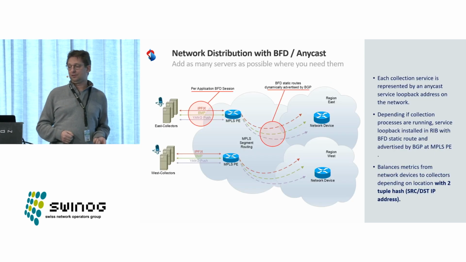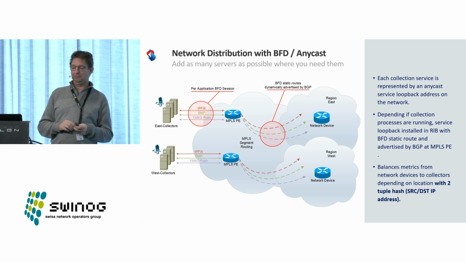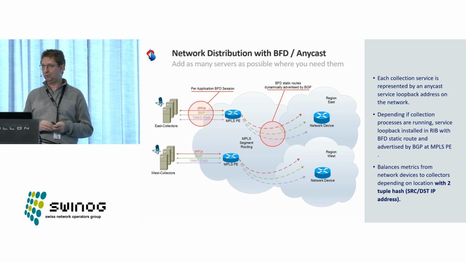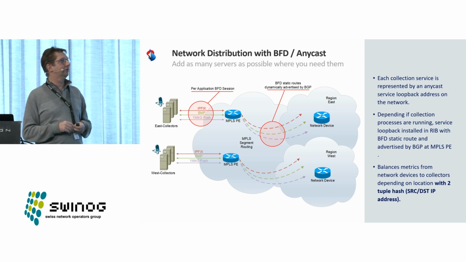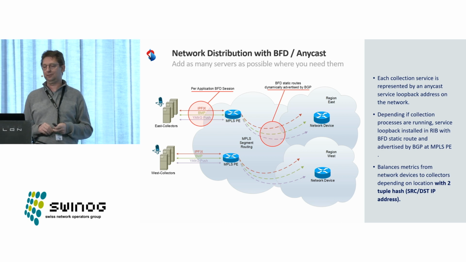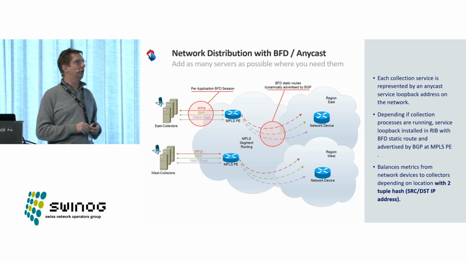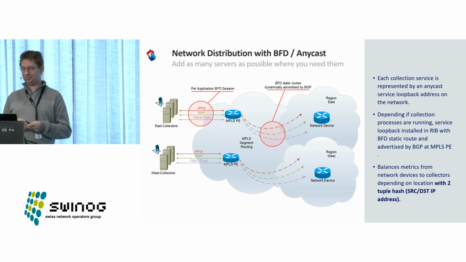In order to get all the data from the network, you need much more than before, when you were just doing SNMP polling. So the challenge is how you can collect a vast amount of data from the network, and we have known for decades how to distribute traffic across the network.